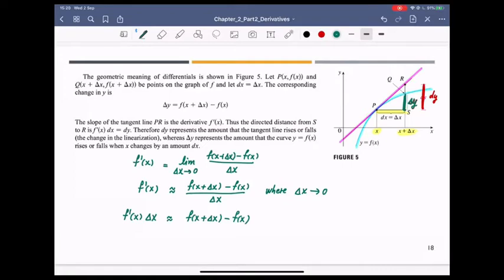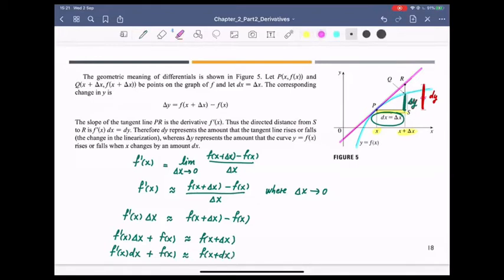I can add f(x) on both sides, so I am going to get f prime x delta x plus f(x) is approximated by f(x plus delta x). Well, but delta x and dx are the same, right? So I can say this is f prime x times dx plus f(x) is approximated by f(x plus dx), and bam, this is our equation that we are going to use for the whole section.